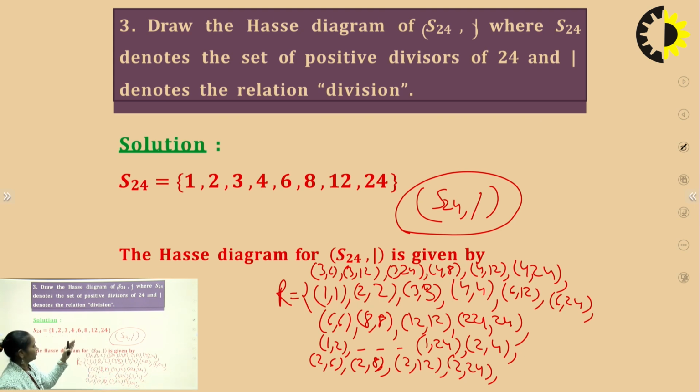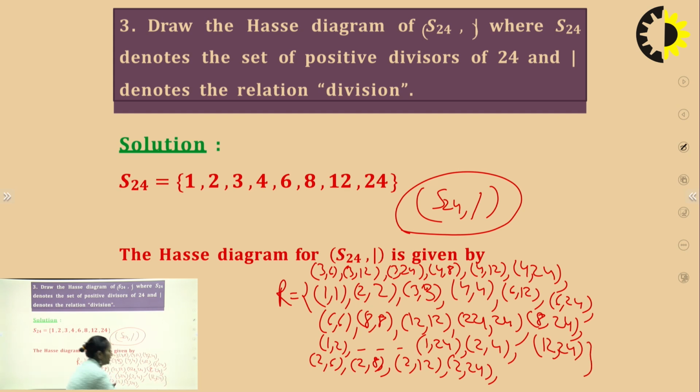Next, 8 and 12, no. 8, 24, yes. Can we take 12, 24? Yes. So these are the members of the relationship set R if we consider divisibility for the divisors of 24.